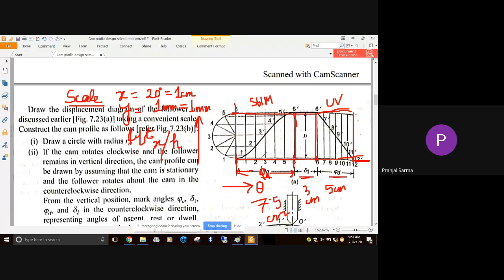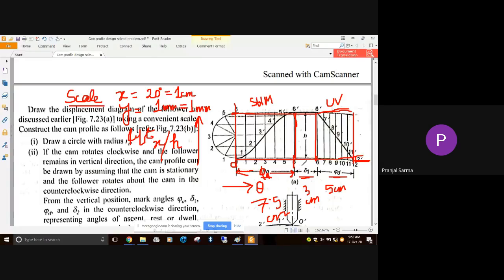Suppose we divide it into 6 equal divisions. So 7.5 centimeter, we divide by 6 and mark accordingly. Make 6 equal-space divisions, and starting from 0, mark down 1, 2, 3, 4, 5, 6. Similarly, you divide the descent stroke also, suppose into 6 or 8 divisions.